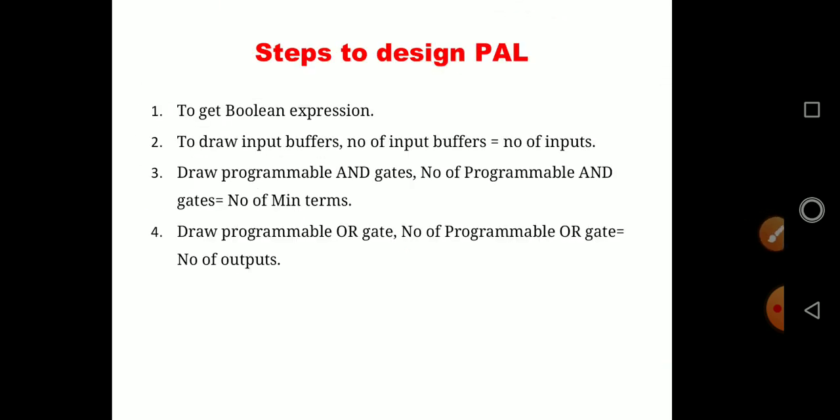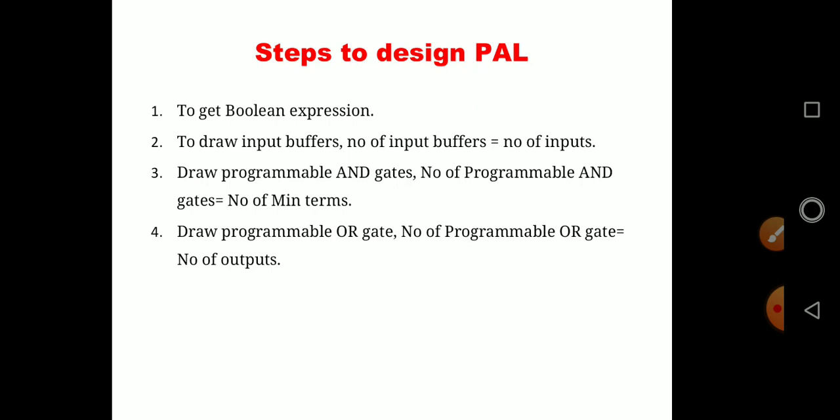So what are the steps to design programmable array logic? Before studying any families of programmable array logic, let us first learn how to design a simple Boolean expression using programmable array logic. First step, get the Boolean expression. If the truth table is given, then we have to get a simple Boolean expression. The next step is to draw the input buffers.